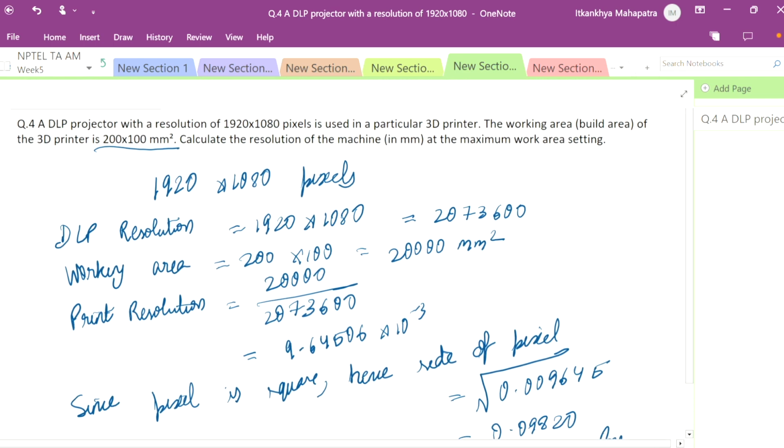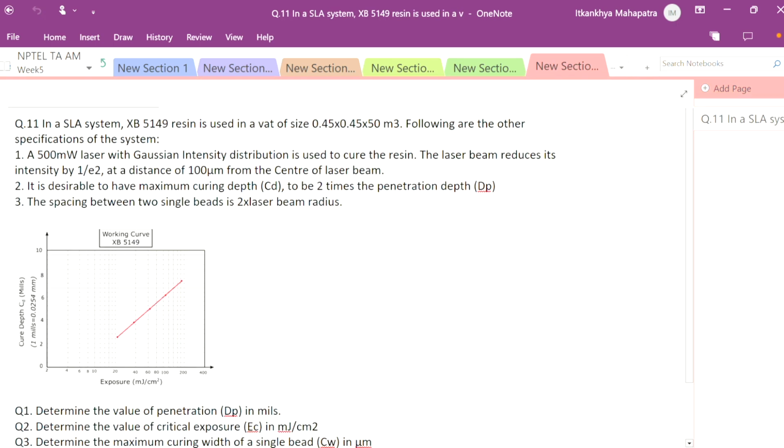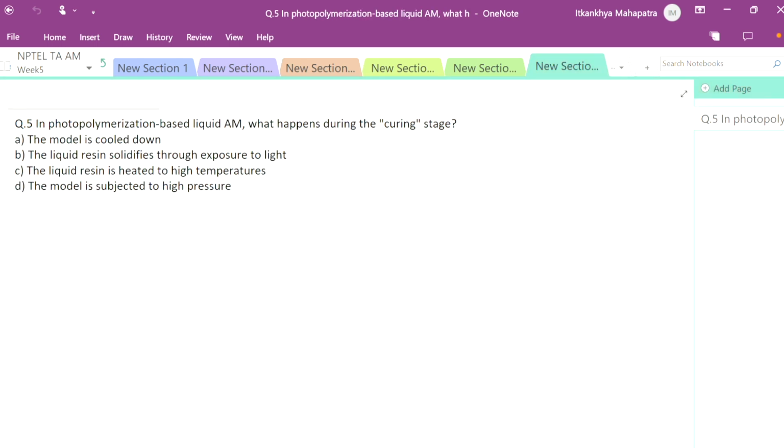Fine. The next question now. In a photopolymerization based liquid AM, what happens during the curing stage? Now, during the curing stage in a photopolymerization based liquid additive manufacturing, such as, let's take the example of SLA method or DLP method, the liquid resin solidifies by being exposed to light. Now we'll understand what happens exactly.